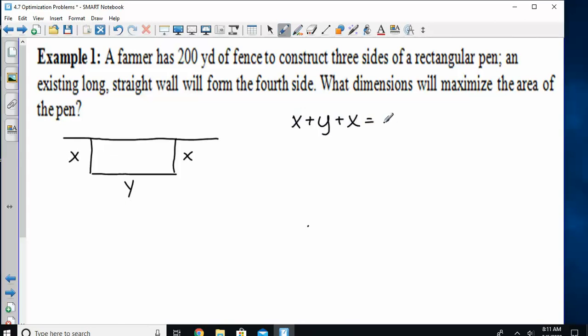So if you add those up, that has to equal 200. So we can subtract your 2x. So y is 200 minus 2x. So now I no longer have x and y. I have everything in terms of one variable.